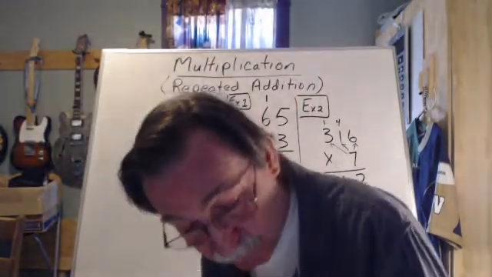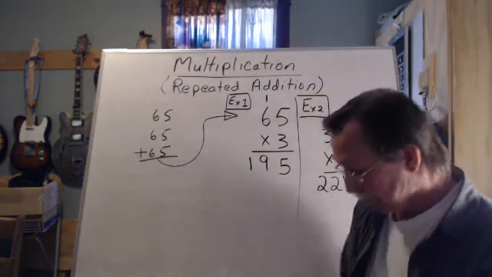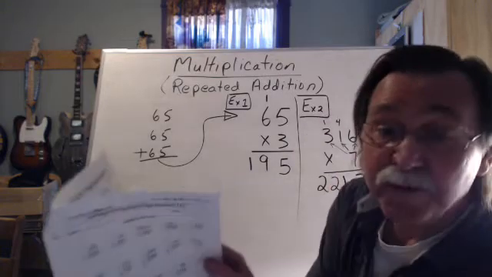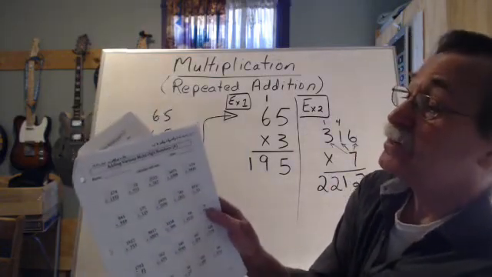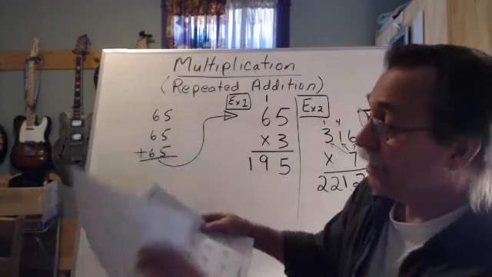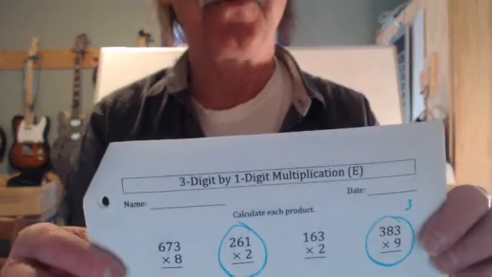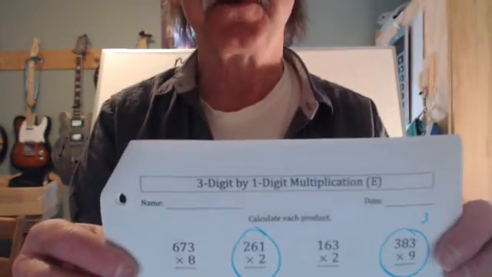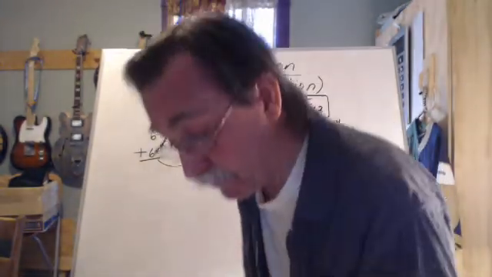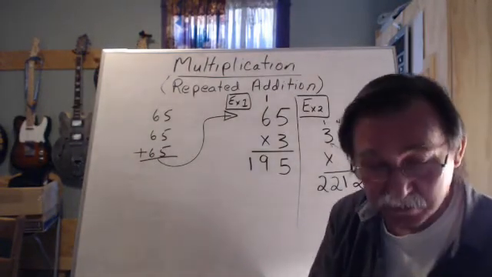And I'm going to just direct you to this opening page here, opening booklet you got. Remember, we talked about that one the other day. It starts out with adding various multi-digit numbers. Well, now we're on the page that says 3-digit by 1-digit multiplication, E. All right, now I haven't done any of these examples yet, but I have done examples just like them.